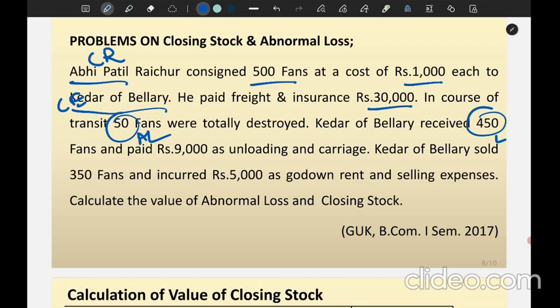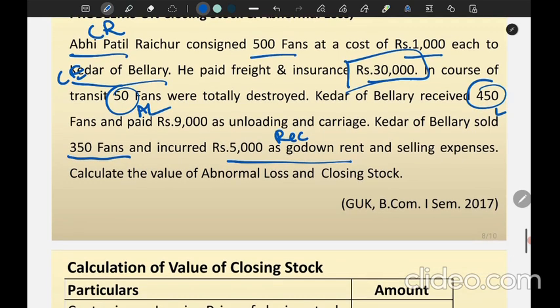Kedar of Ballari sold 350 fans and incurred 5,000 as godown rent and selling expenses, but both are recurring. Here, only this one is non-recurring in nature.